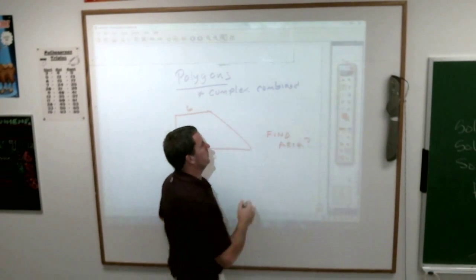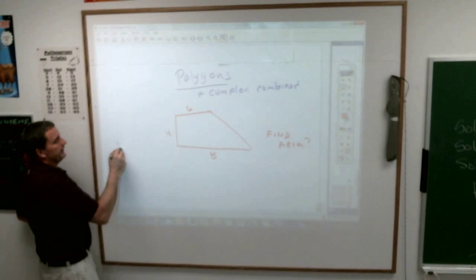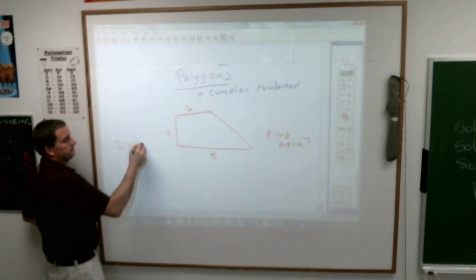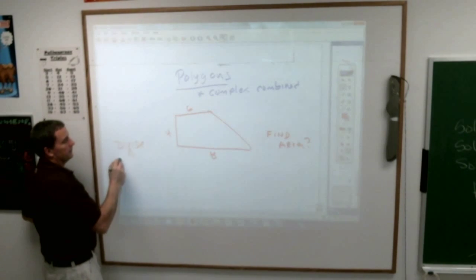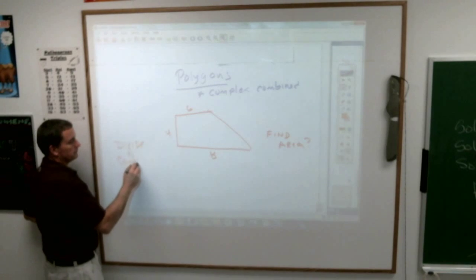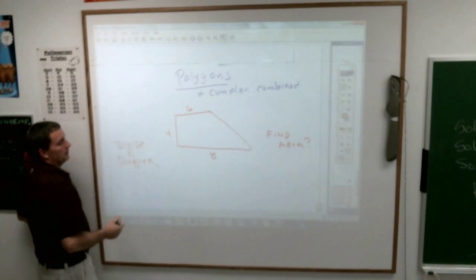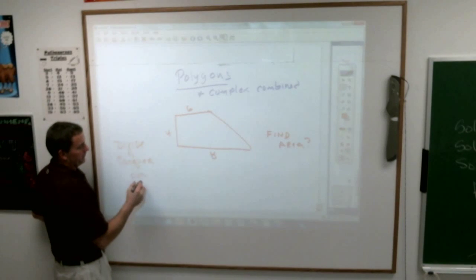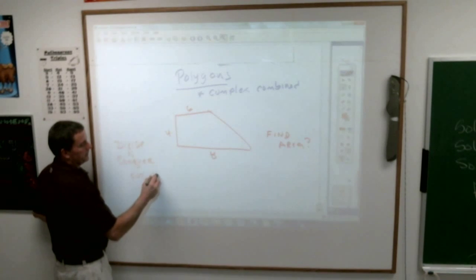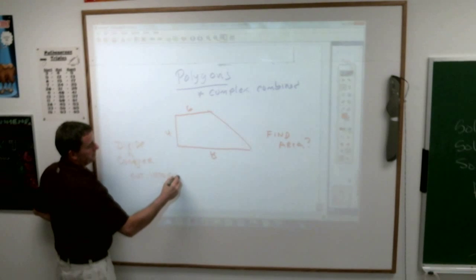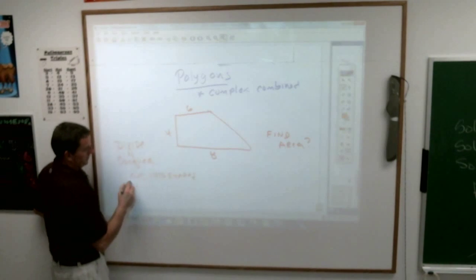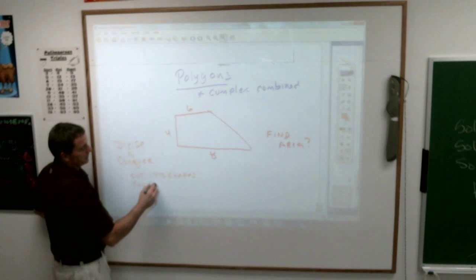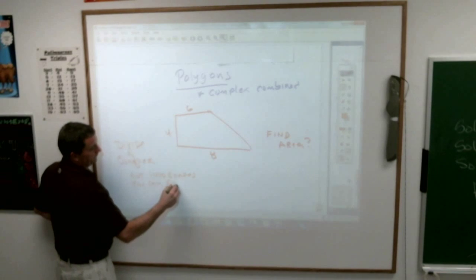In order to do this, you have to do the old divide and conquer, if I can spell conquer. Which simply means cut it into shapes you can find the areas for.